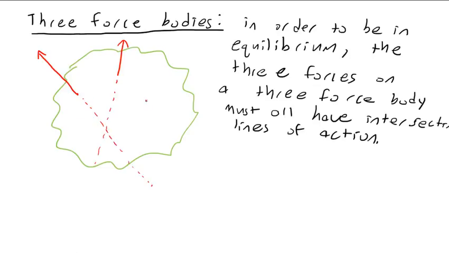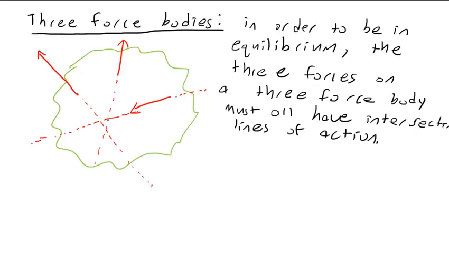They meet up here, but then I'm going to purposely draw one whose line of action goes like that. If I sum moments about this point here, this one and this one won't be able to generate any moment about that point because their line of action both passes through there. So their moment arm about this point is 0.